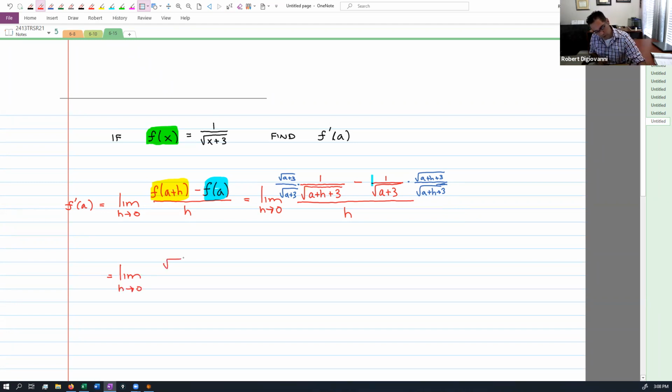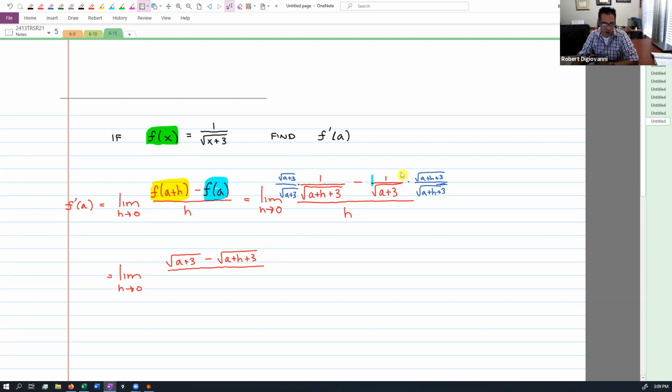My new numerator: square root of a plus 3, that's getting sloppy, square root of a plus 3 minus the other numerator, square root of a plus h plus 3, all over. Okay, so all that is right there is this times 1 minus 1 times that.